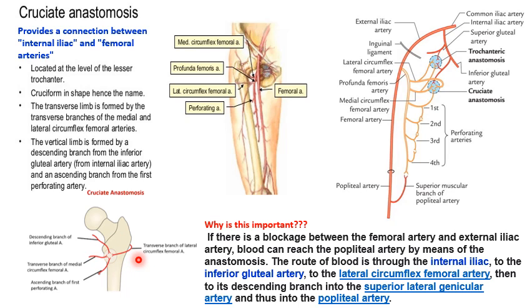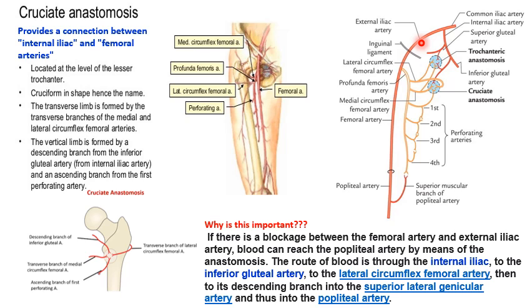So this is formed by the transverse branches of medial and lateral circumflex femoral arteries and the descending branch of the inferior gluteal artery and an ascending branch of the first perforating artery, of which the inferior gluteal artery is a branch from internal iliac artery, and the rest of the three branches, which are the branches of profunda femoris artery, in turn is a branch of the femoral artery, in turn is a continuation of external iliac artery.